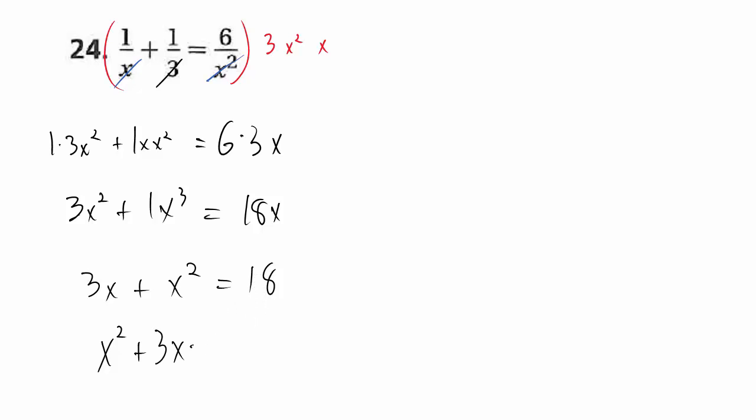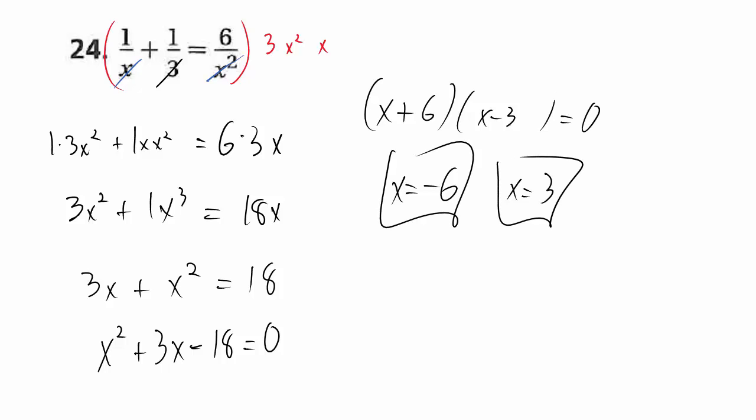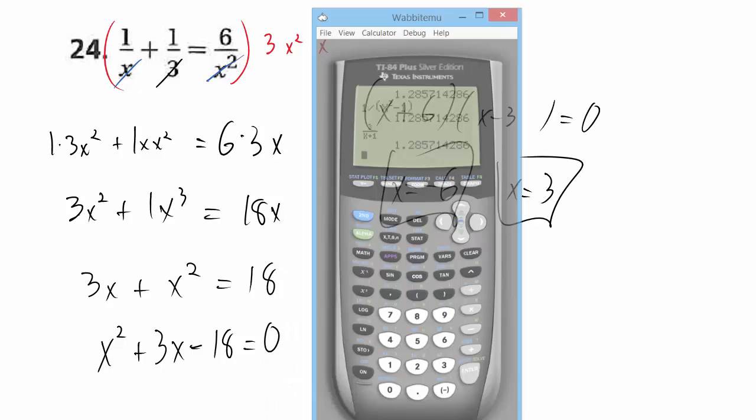X squared plus 3x. You want to move this 18 over to the side here. Get equals 0. And then you could solve this by factoring. I think I can factor this by doing x plus 6 and x minus 3 equals 0. So my solutions are x equals negative 6 and x equals positive 3 should be my answer.